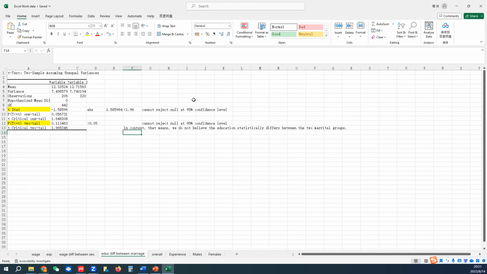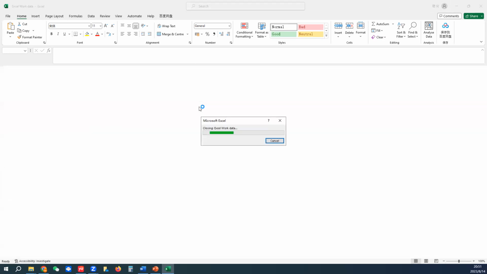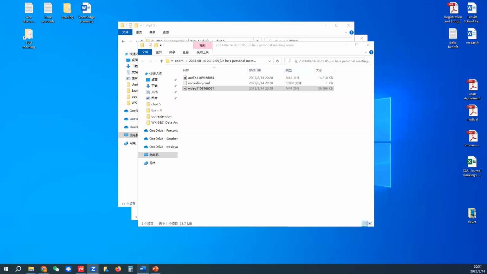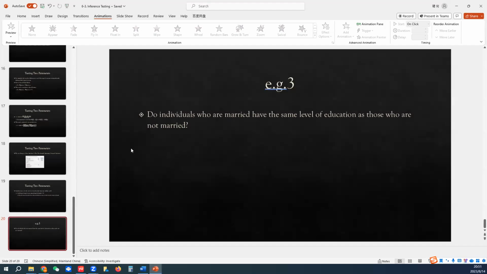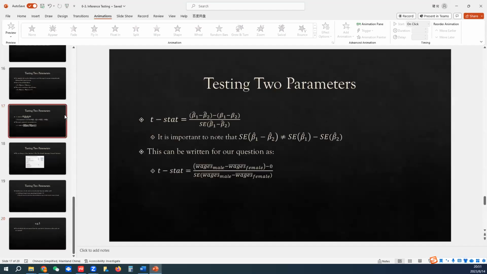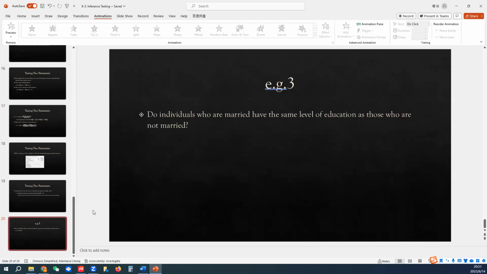The difference is not significant. Okay, so that's how we do the statistical inference between two parameters or two subgroups, if you want.